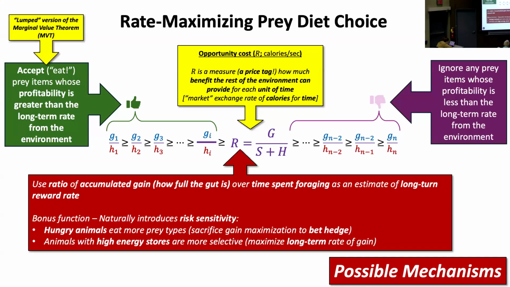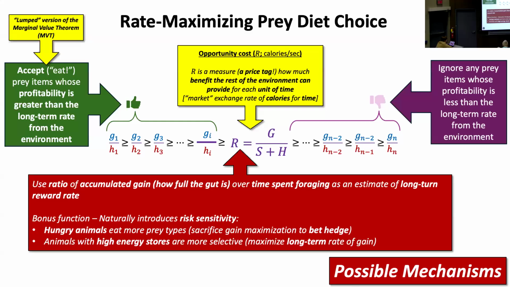is an estimate. So there's a mechanism here where, this is the optimal solution, but there's actually suggestions that animals can estimate how full they are and how long they've been foraging. So if an animal knows its accumulated calories over how long it's been foraging, there could be neural mechanisms that keep track of that.